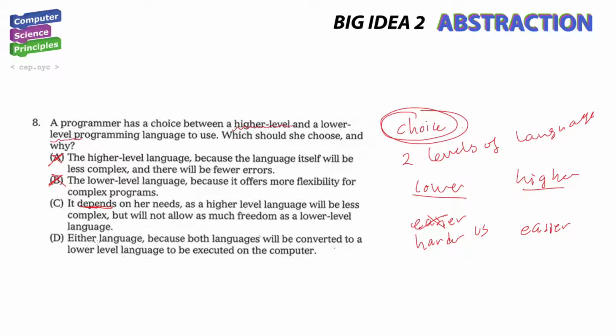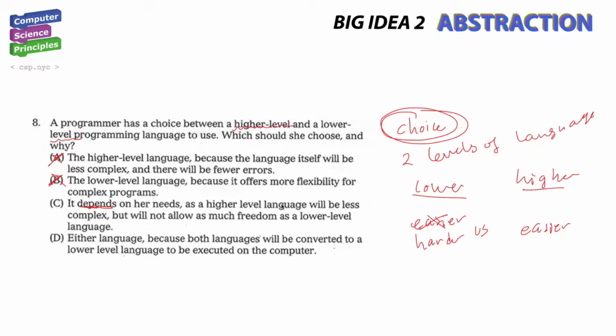Okay, now D, it says either language, because both languages will be converted to a lower level language and be executed on the computer. Well, this one isn't really highlighting the choice that she has and the particular reasons.